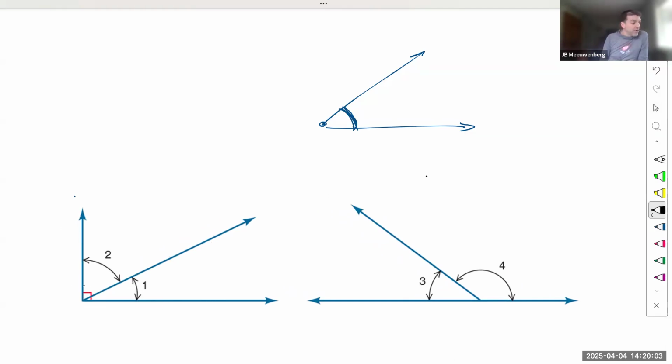Do you notice how we have that right angle right there? This line and this line make a right angle, but then we have this other one going off in this direction, splitting it into two parts.